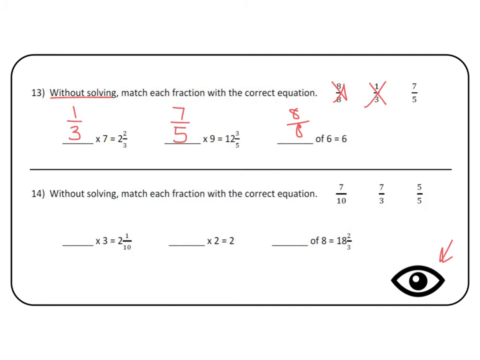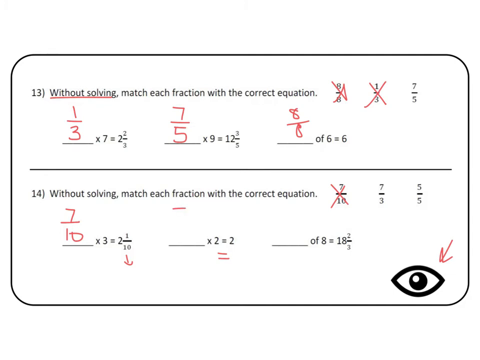All right, let's keep practicing this. I have 3 and a 2 1/10. So that got smaller. So let's go look for a fraction that is smaller. 7 is smaller than 10. So that means that it is less than 1. So we know that that can be this one. All right, next we have 2 and 2. So that stayed the same. So we're looking for a fraction equal to 1.